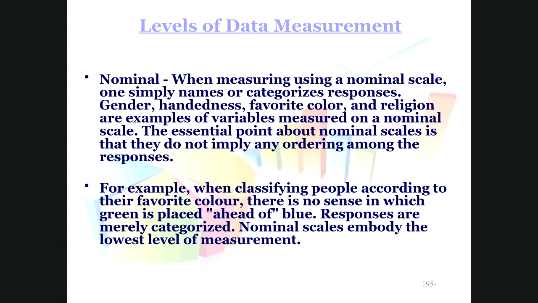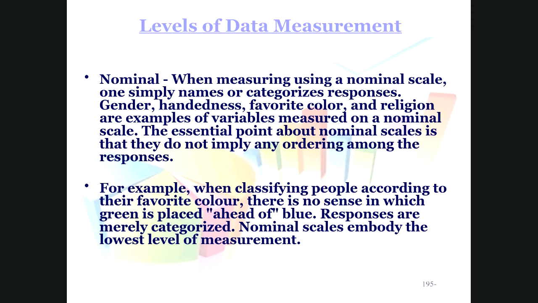How many people in the class have blue eyes? How many people in the class have brown eyes? How many people in the class have bloodshot eyes? Whatever. Okay, you're just measuring some kind of measure of a variable that you're looking at. How many people have brown hair? How many people have red hair? How many people have dyed hair?